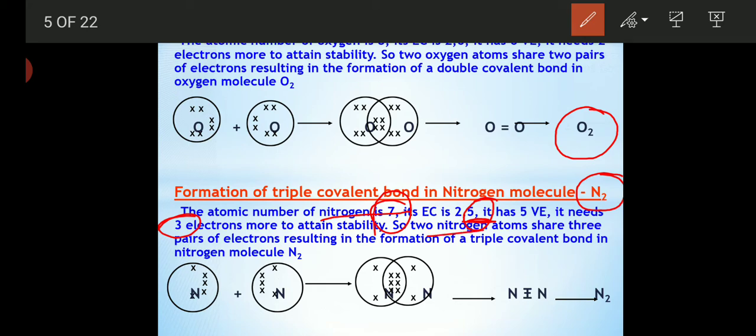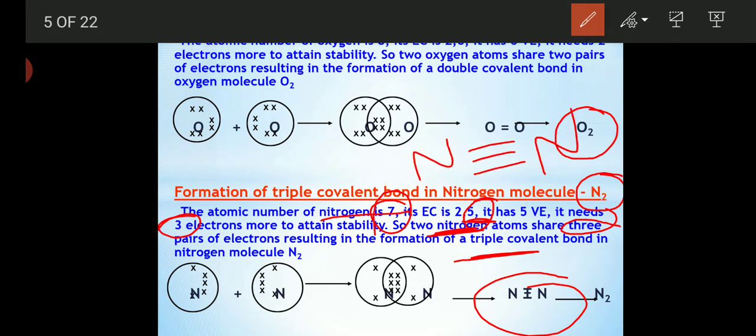So 2 nitrogen atoms share 3 pairs of electrons, meaning a total of 6 electrons, resulting in the formation of a triple covalent bond in the nitrogen molecule. So how do we represent it? Yes, N, then 3 lines. This shows the triple covalent bond.